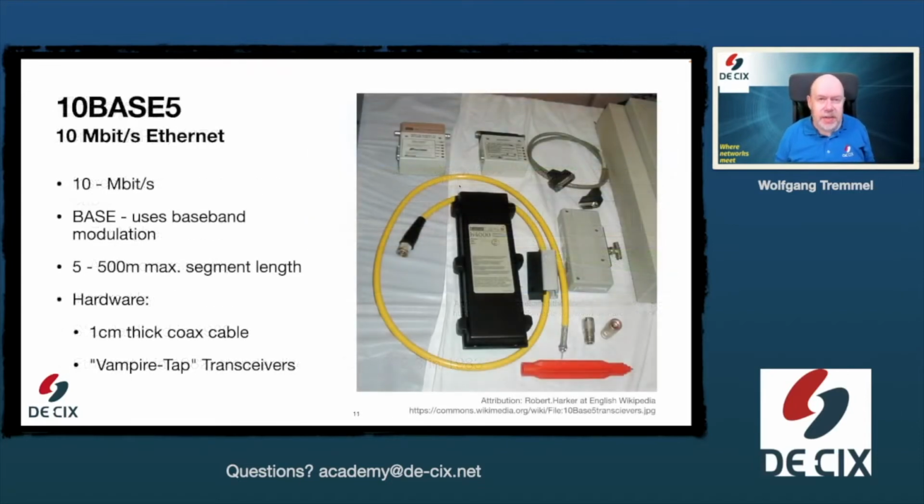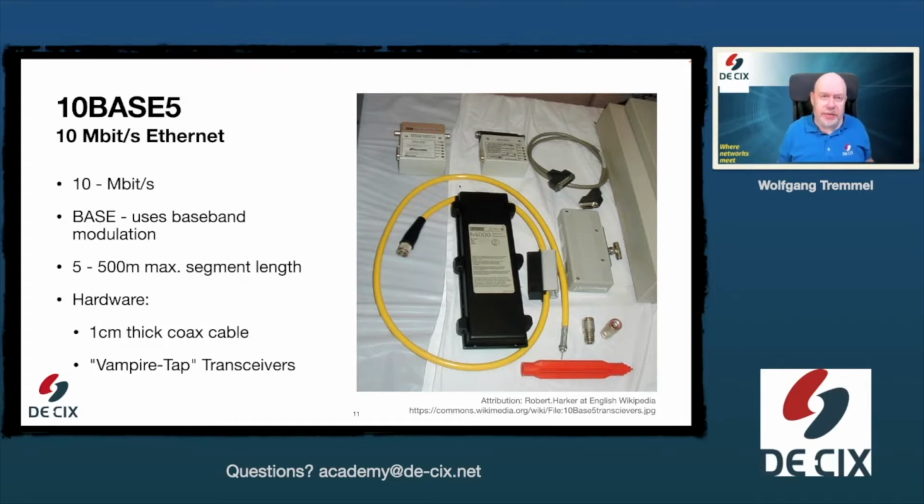The devices they used were a coax cable and transceivers. And this early Ethernet was named 10-base-5. It had a speed of 10 megabits per second, which was incredibly high speed at this time. It used baseband modulation and it had a maximum length of 500 meters.